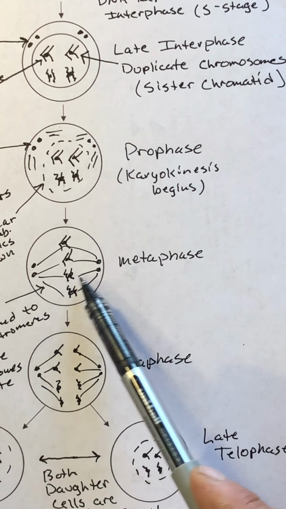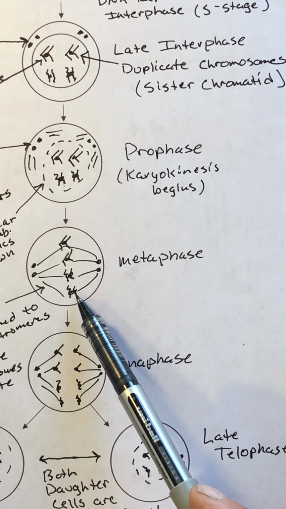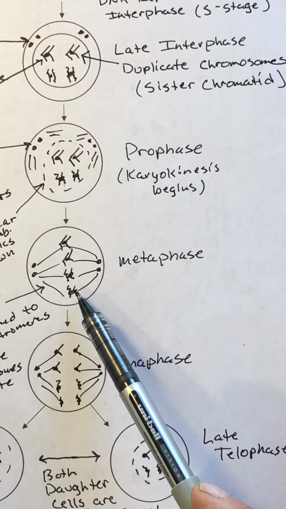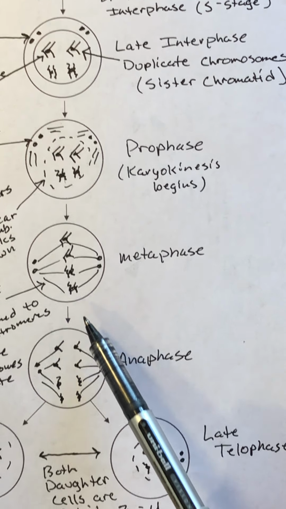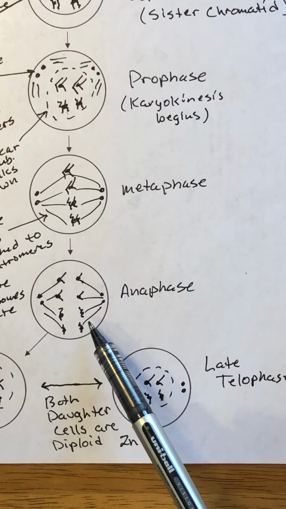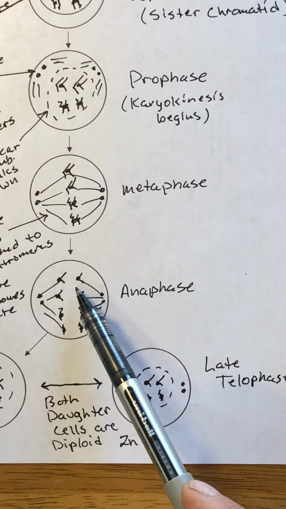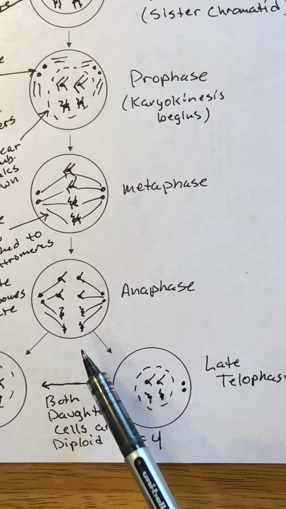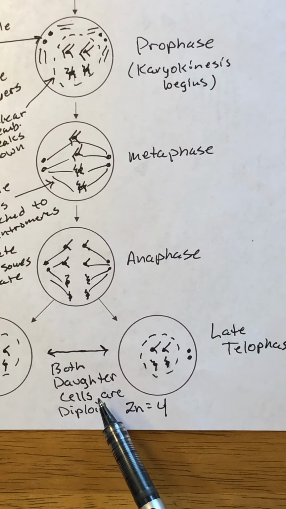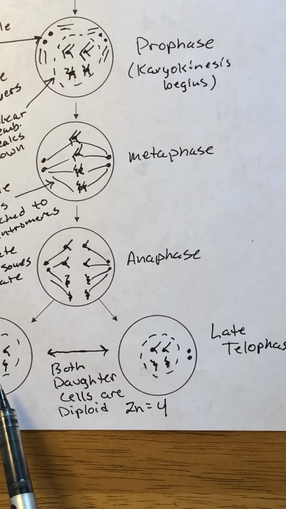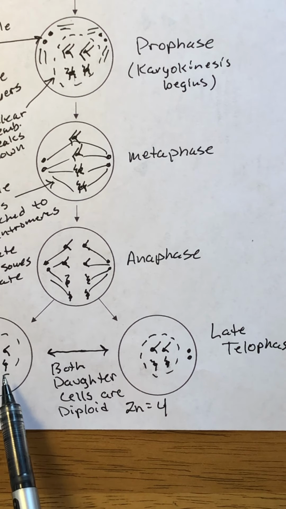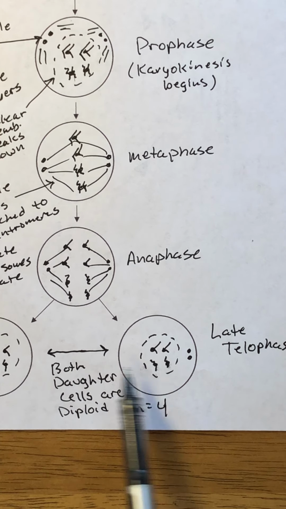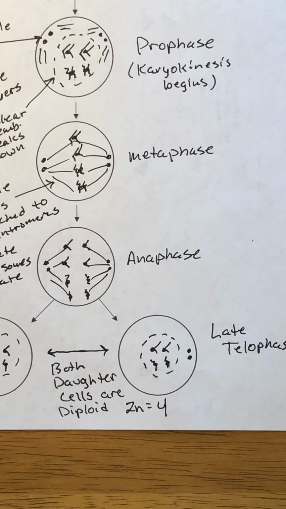Centriole pairs move towards opposite poles, which forces the duplicate chromosomes, or sister chromatids, to the middle, or the equator, of the cell. And then in anaphase, the duplicate chromosomes begin to separate or pull apart and move towards opposite poles. And by telophase, the daughter nuclei start to reform for each of the two daughter cells.